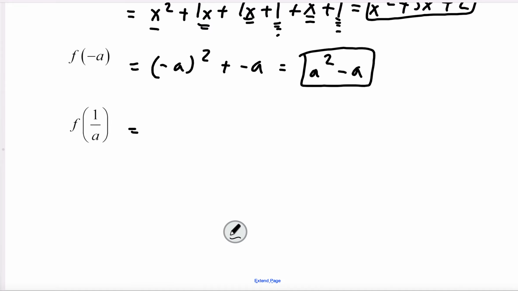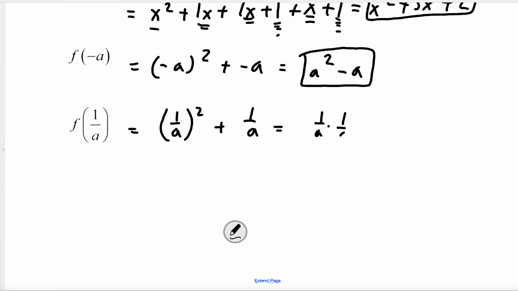What about 1 over a? So remember the function is x squared plus x. So it's (1 over a) squared plus 1 over a. What's (1 over a) squared? You can either think about squaring both the numerator and the denominator there, or you can think of it's 1 over a times 1 over a.